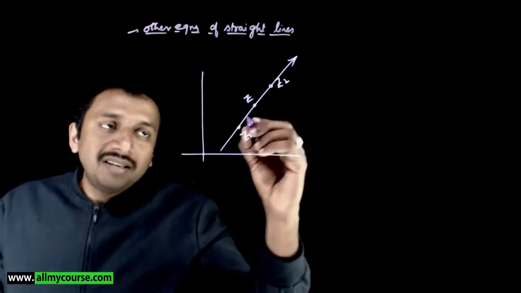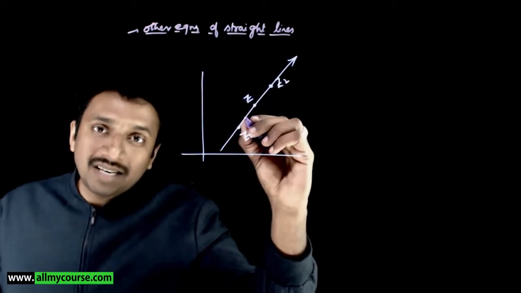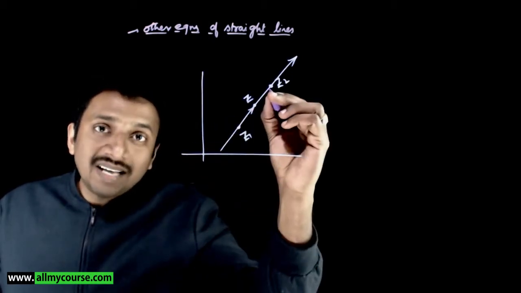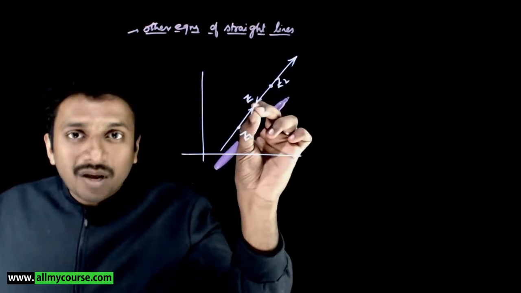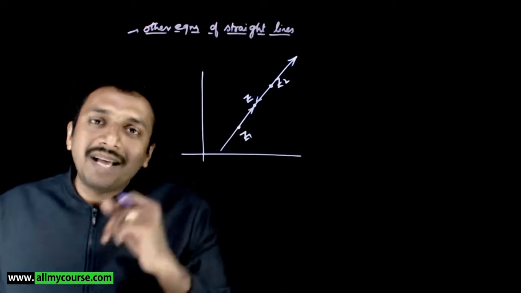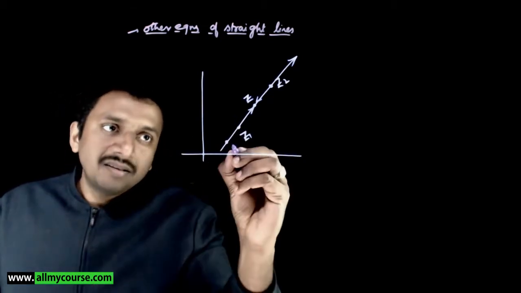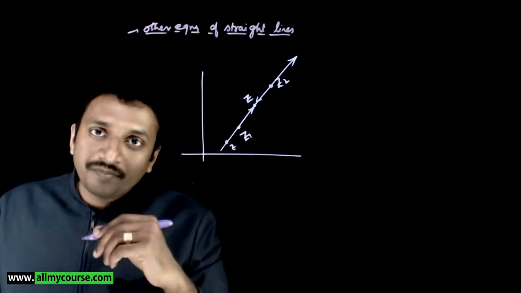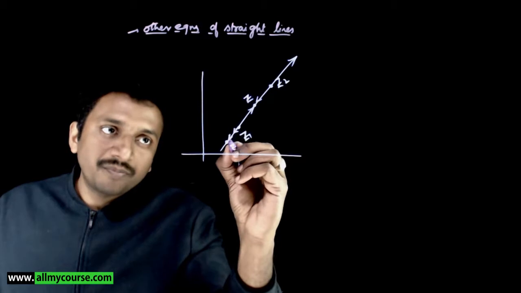As you can see, the arguments of z minus z1 and z minus z2 will either be differing by 180 degrees or they will be exactly equal. So if z is here, z minus z1, that is this vector, and z minus z2 is again this vector.